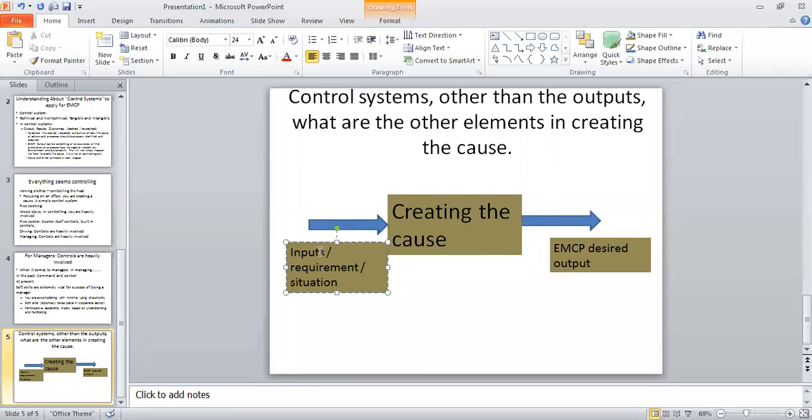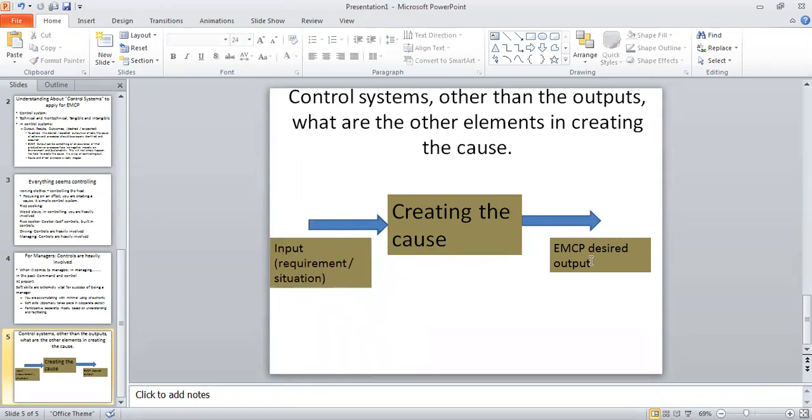So I just put input and output, depending on the situation. So input, output, and creating the cause.